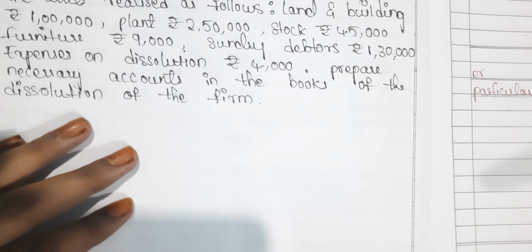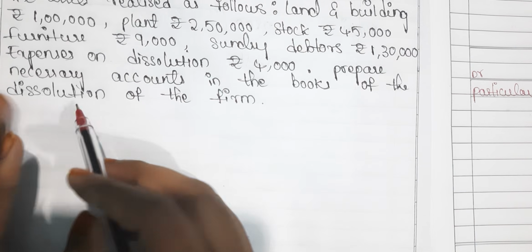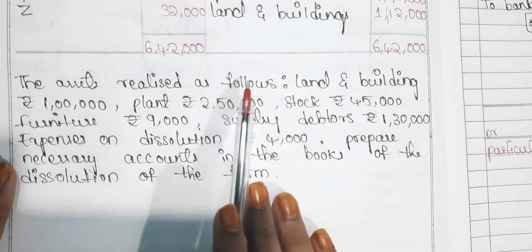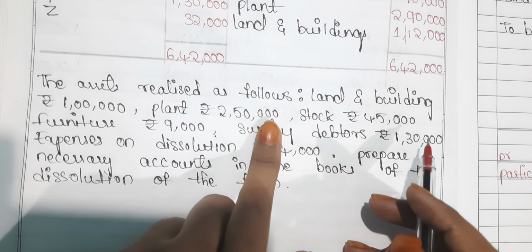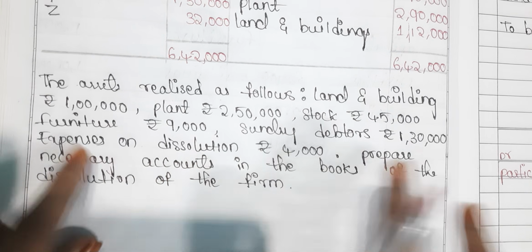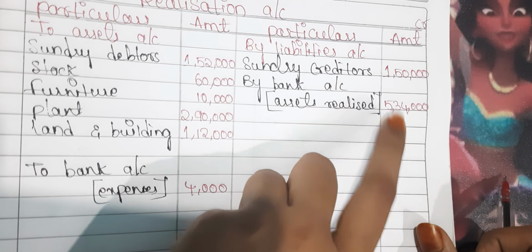Okay, next, do we have any liabilities realized? Directly the question they have asked, prepare necessary accounts in the books on dissolution of the firm, right? We don't have any liabilities realized. In the same way how assets realized amounts have been given, they will give you liabilities realized. If liabilities realized are given, you need to take them in the debit side, in the same way as we have taken assets realized in the credit side.